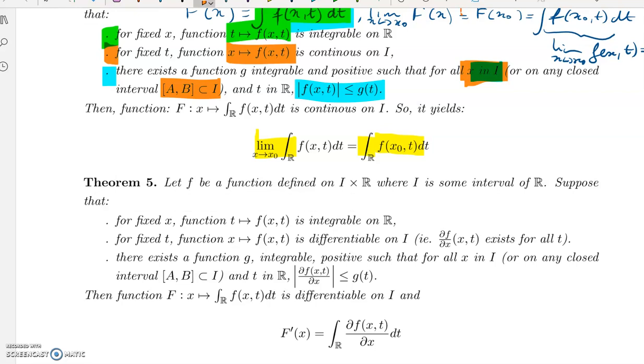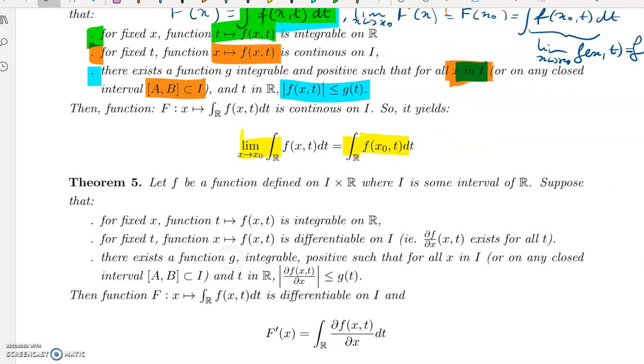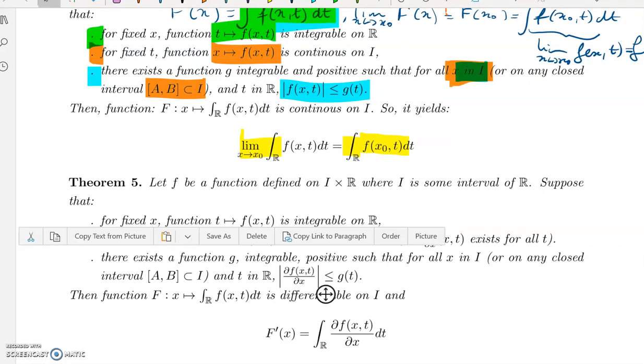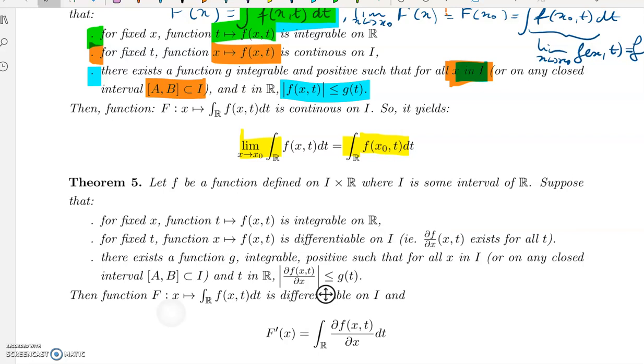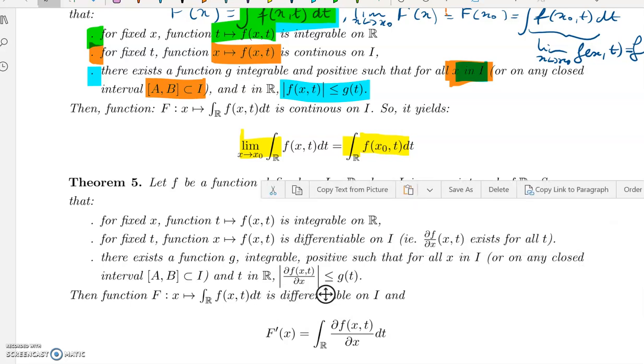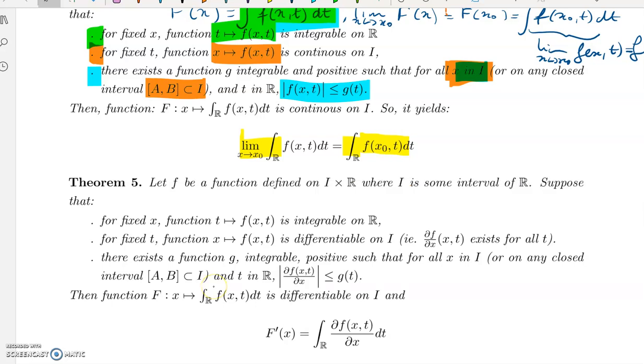If you have problems finding the dominating function g, you can also just work with any closed interval inside of your domain, so any closed interval in I. Okay, good.